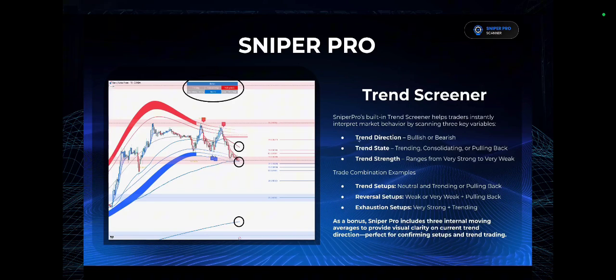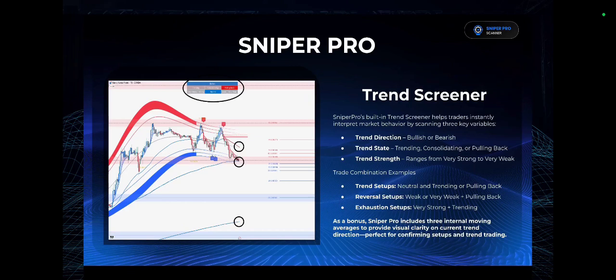One is the trend direction. All right, if price is above or below our long-term EMA, this will let you know if price is bullish or bearish. Then secondly, you have the trend state. This will help you understand if the market is bullish and trending, bullish and consolidating, or bullish and pulling back.